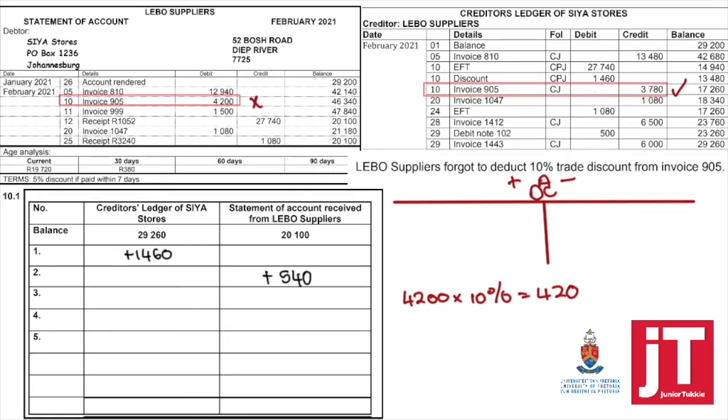Or we can say, they've recorded it as 4,200, but because of the trade discount given to us, we only owe them 3,780, and the difference is 420. On the creditor's ledger, on the statement of account received from Label Suppliers, they are going to show minus 420.